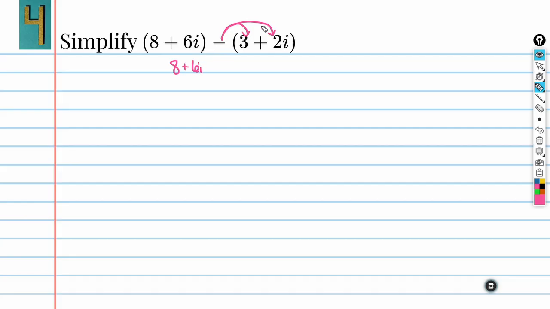And when we distribute that minus sign through, it becomes a minus 3, and that minus sign and the plus sign makes it a minus 2i. Now let's group our real portions together. And so our real portion is 8 minus 3, which is 5. And we're going to group our imaginary portion together. Positive 6i minus 2i. 6 minus 2 is a positive 4i.